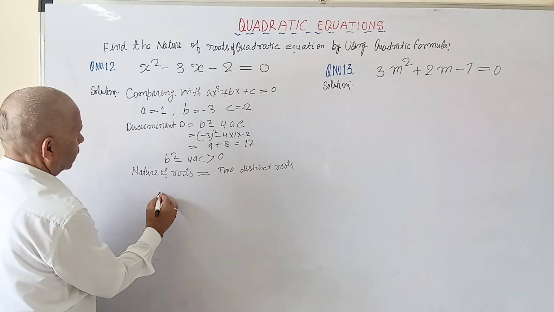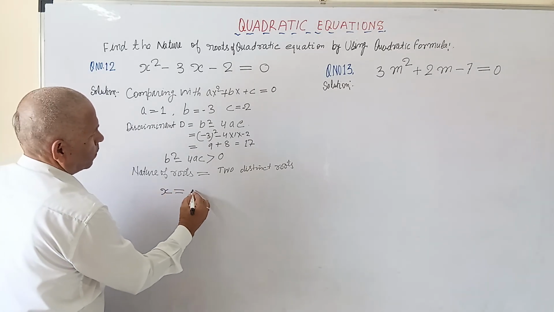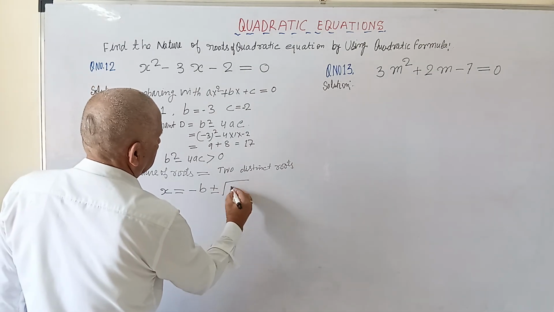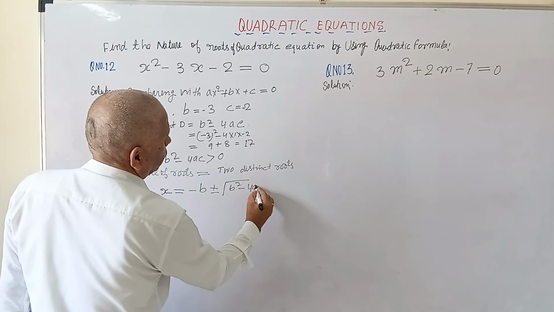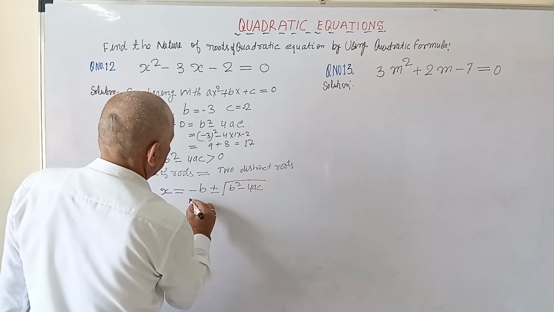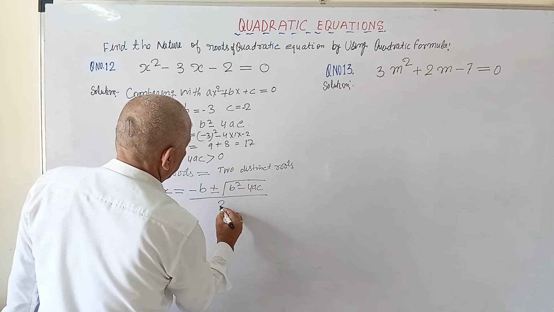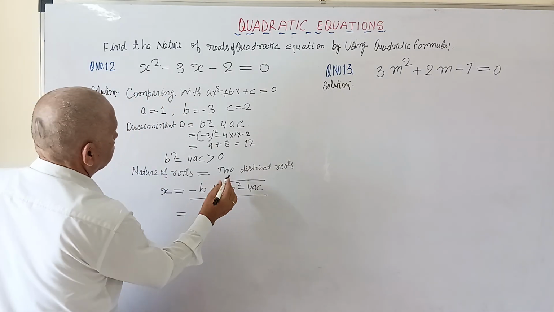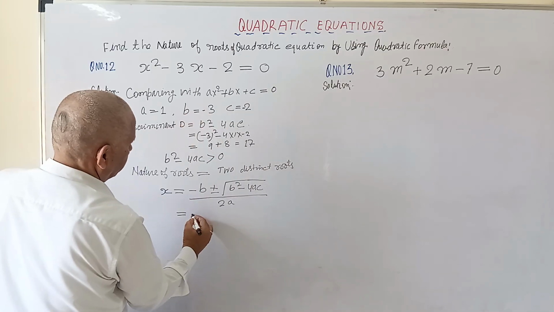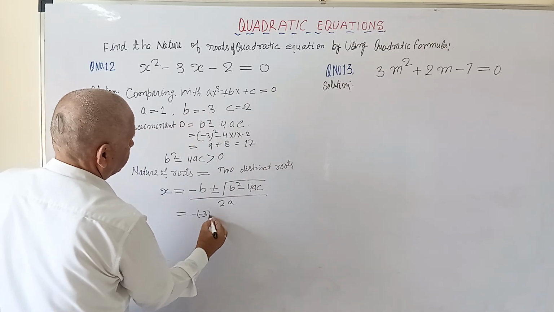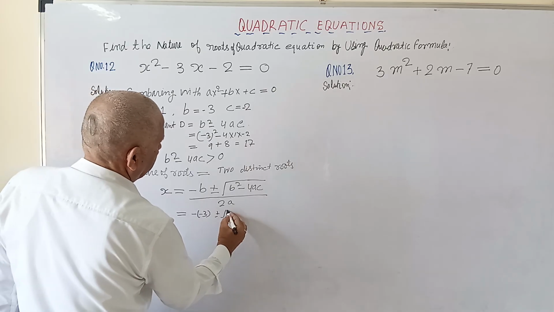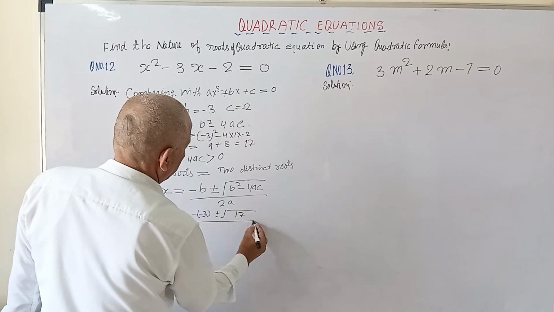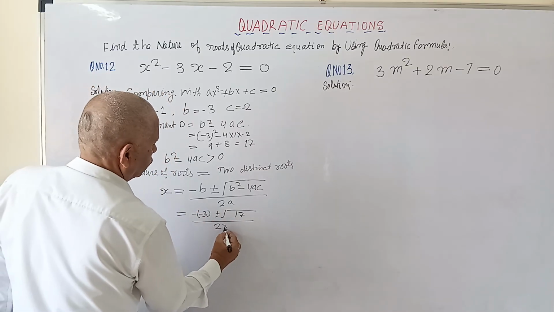The quadratic formula is x equals minus b plus minus under root b square minus 4ac upon 2a. Now I will put the values in the formula. Minus b is 3, plus minus, we have calculated b square minus 4ac, that is 17, upon 2a, 2 into 1.